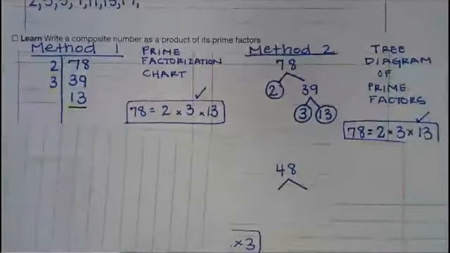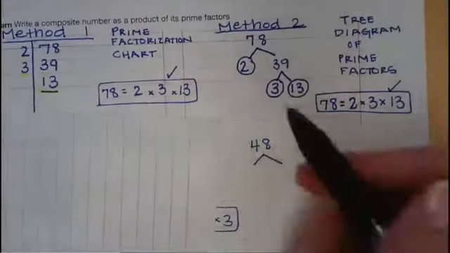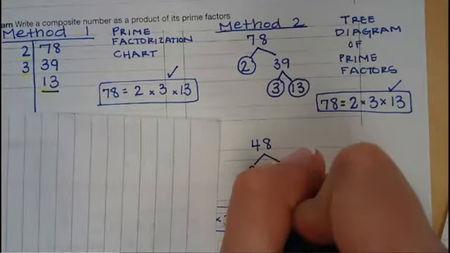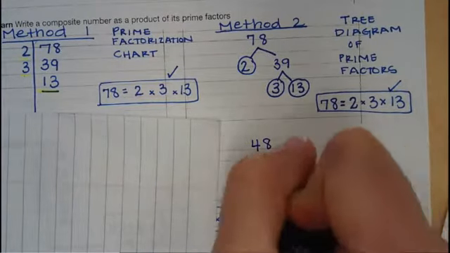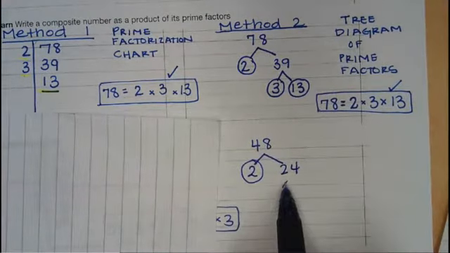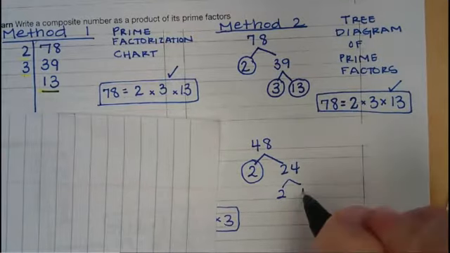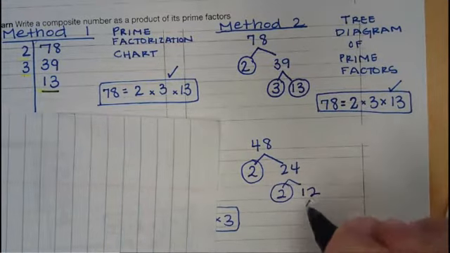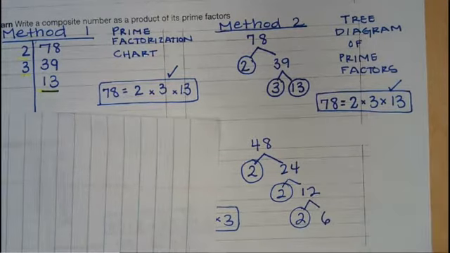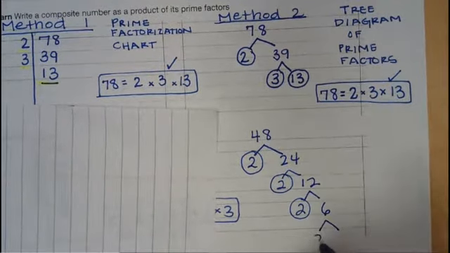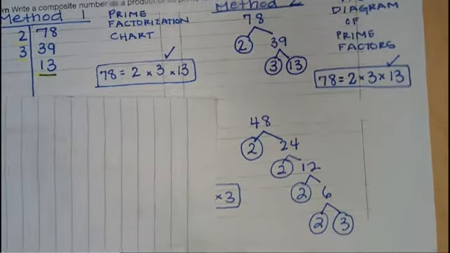Okay, and then using method 2, I can use the tree diagram and do the same thing. 48 divided by 2 is 24. 24 divided by 2 is 12. 12 divided by 2 is 6. 6 divided by 2 is 3, which also is a prime number, so I would stop there.